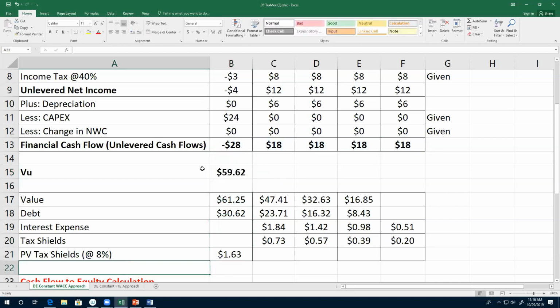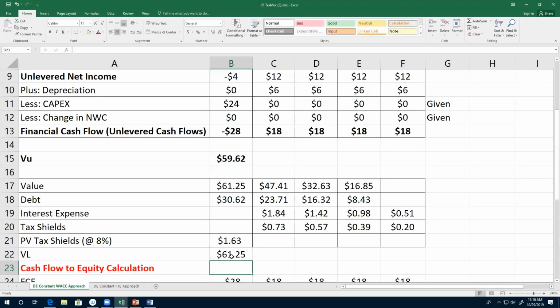Right? I'm saying that the value of the levered project, VL, using the APV approach is basically the value of the unlevered firm or the unlevered project plus the present value of all the interest tax shields. This is 61.25. You see? This is exactly the 61.25 that you got from valuing the project at WACC with just the financial cash flows.